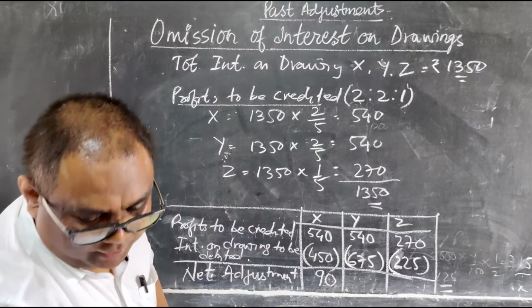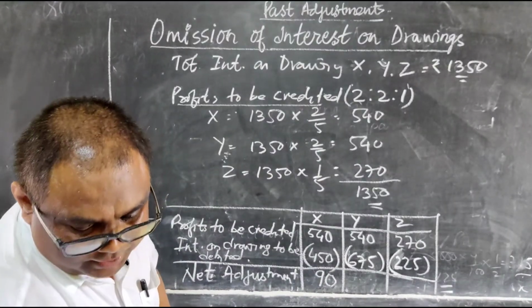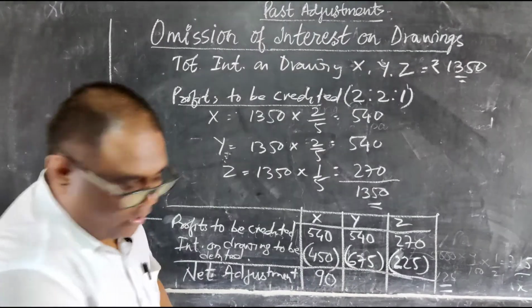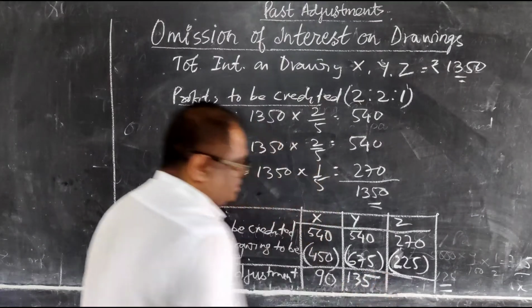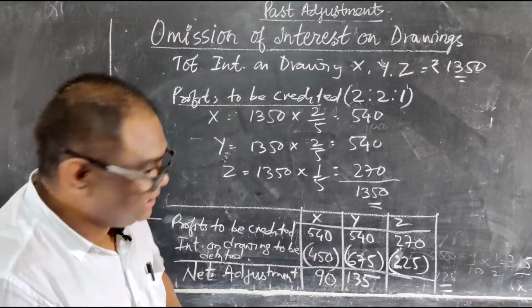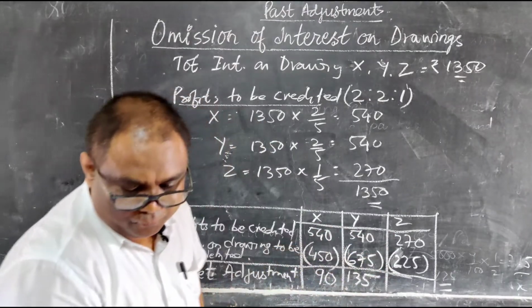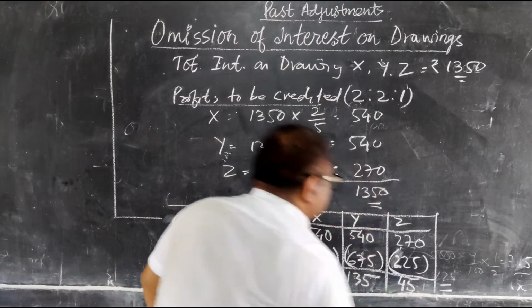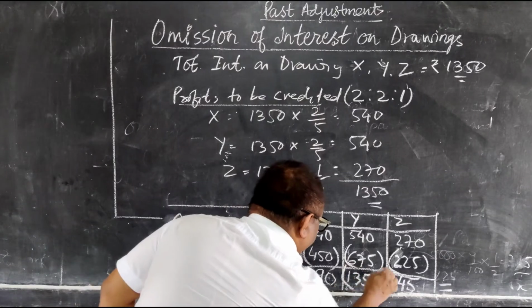Similarly, Y: 540 minus 675 gives minus 135. Similarly, Z: plus 270 and minus 225 gives plus 45, because Z will get 45.